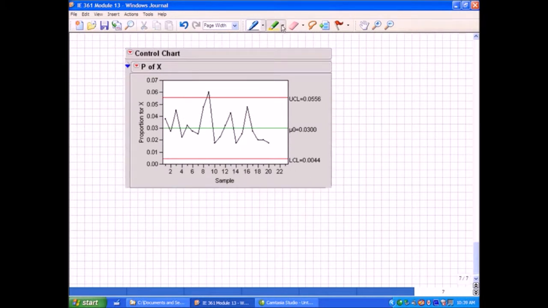Here is the center line, there's the upper control limit, there's the lower control limit, and there are the p-hat values plotted against time or against sample number, and it's only at sample 9 that we get a point that plots outside of control limits.